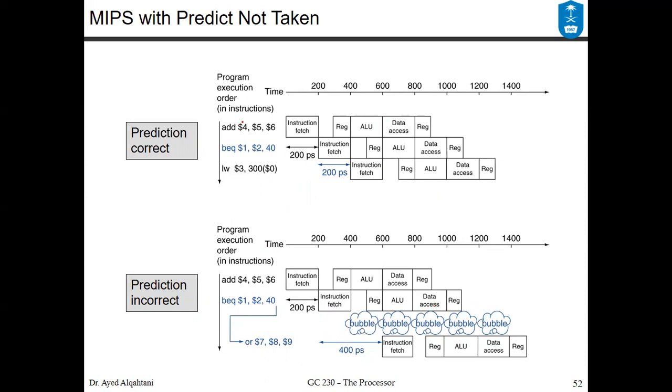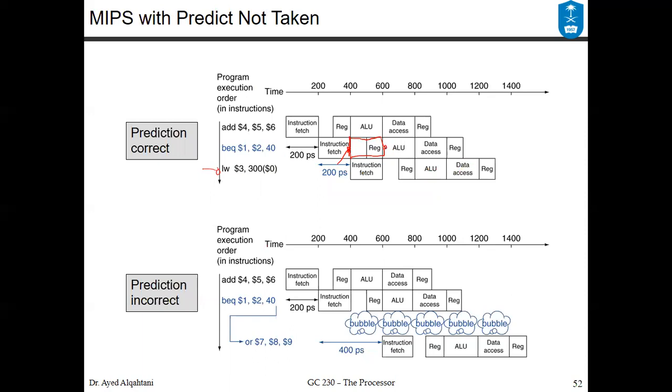To see this, let's see this instruction here. Let's say that here in the branch, now you are deciding if the branch is happening or not in this stage. Here, you make a prediction, and your prediction is to get the load, which is the next instruction. And let's run it in the pipeline.